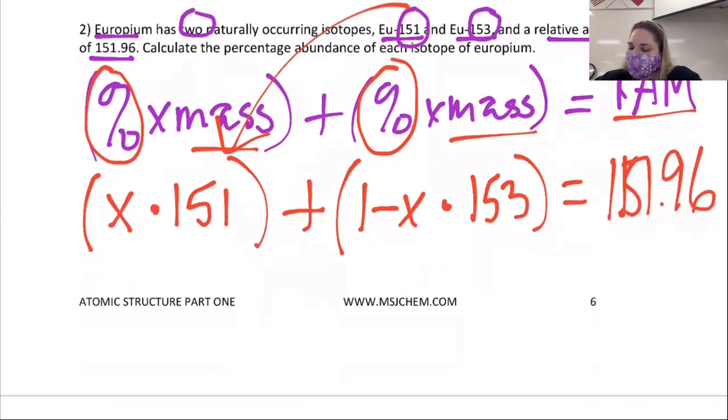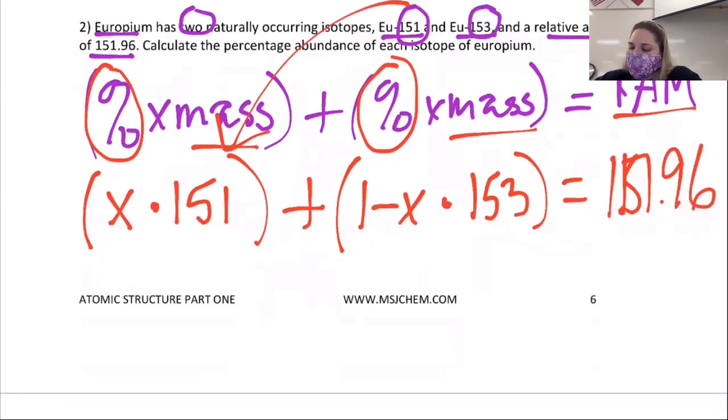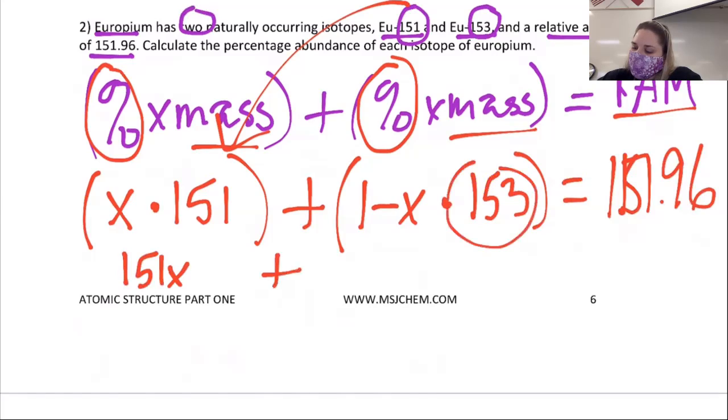From here, it's basically algebra. Let me rewrite this to simplify it. I have 151x, because I'm multiplying that, plus 153 times 1 minus x. Remember, this has to distribute to both of those, so that becomes 153 minus 153x.